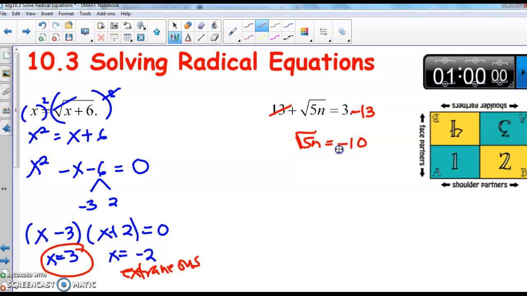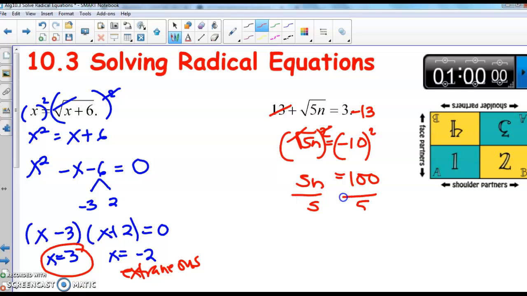You can decide whether you're going to proceed or just write your conclusion already. Anyway, so going back, if you square both sides, you get 5n, because they cancel, is equal to 100. So if you divide by 5, n is equal to 20.